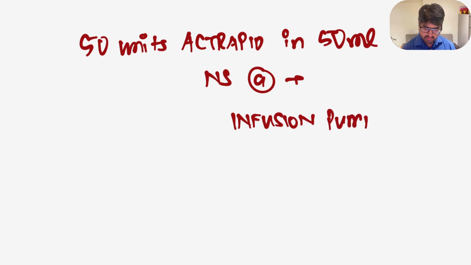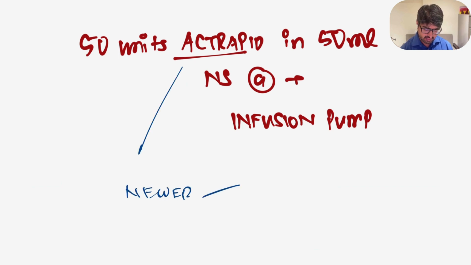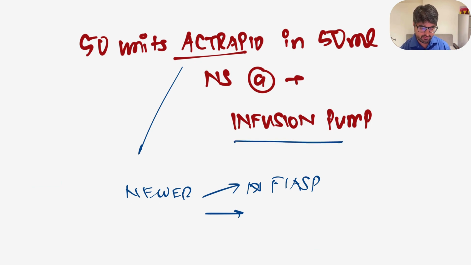Now I'm going to show you later that instead of Actrapid, you can also consider using newer insulins like Fiasp, or any other insulin which you can consider. So you can use a newer insulin also. It is perfectly acceptable to do that, right? So you use 50 units of insulin in 50 ml of normal saline through the infusion pump.